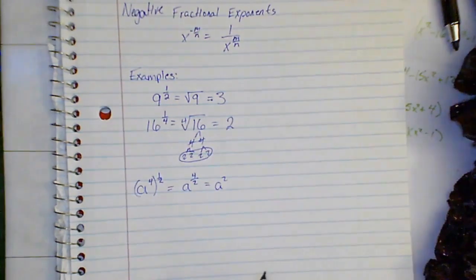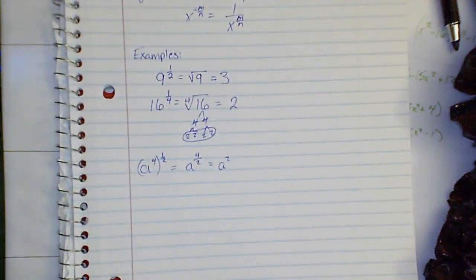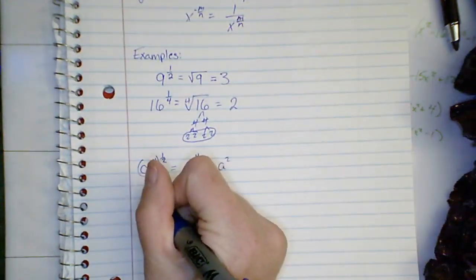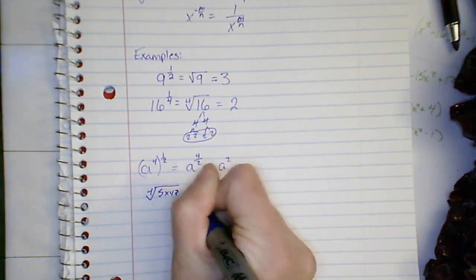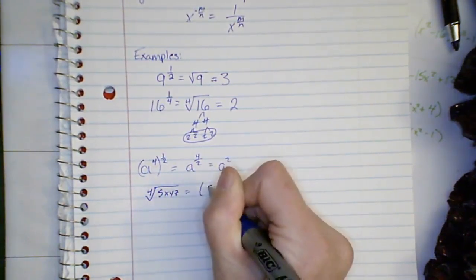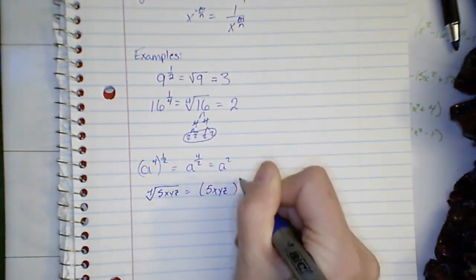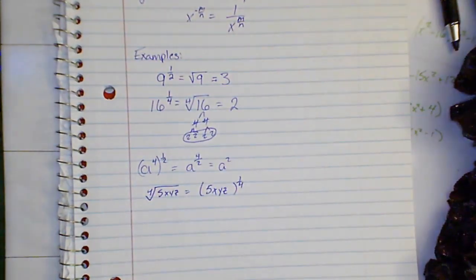We can definitely convert the radicals over to powers. So we have the 4th root of 5xyz, so we take the whole quantity 5xyz, and that would be to the 1/4 power.